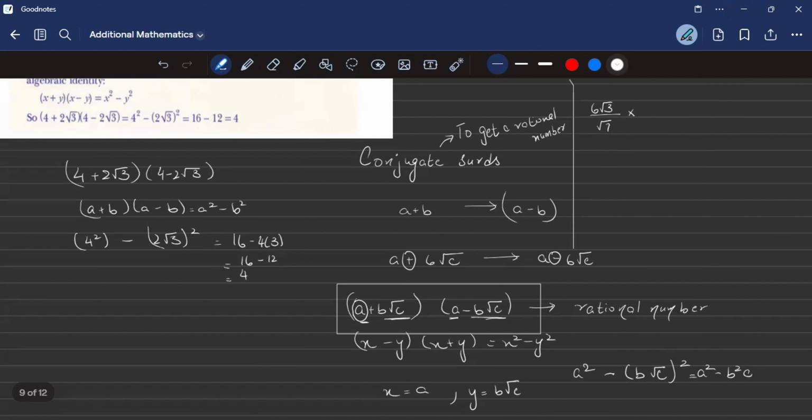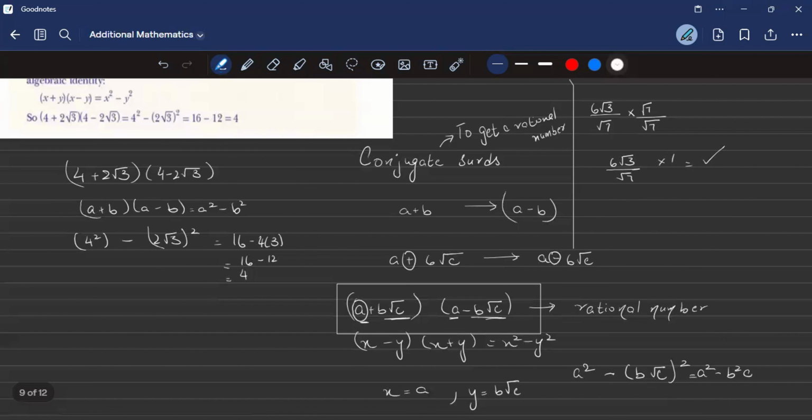What we basically do is multiply this by under root 7 divided by under root 7. And why do we do that? If we see 6 under root 3 divided by under root 7 multiplied by 1, what would you expect from this? You would say the answer is the same. So this is the correct methodology. We can do that. No difference in the answer will be seen.